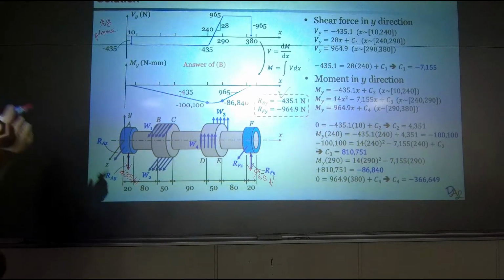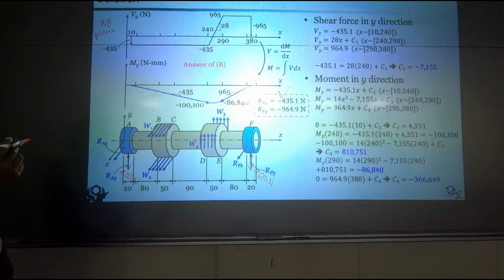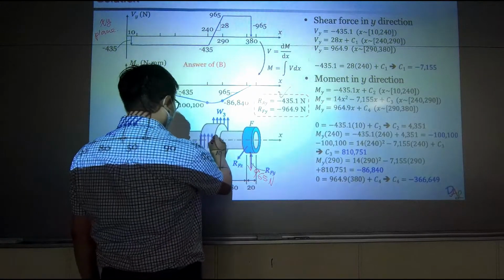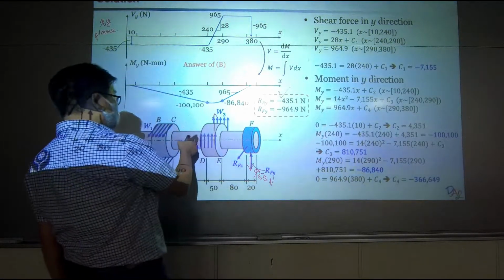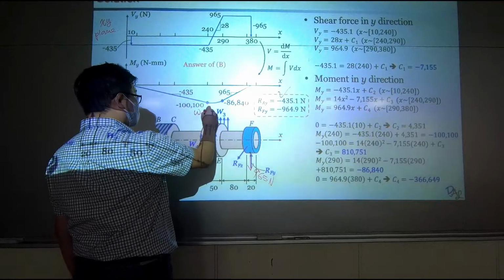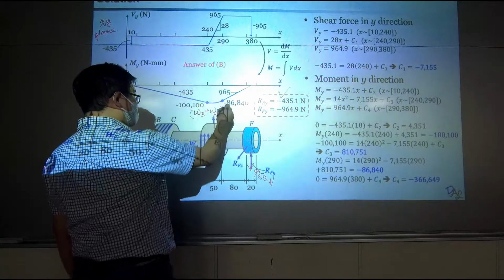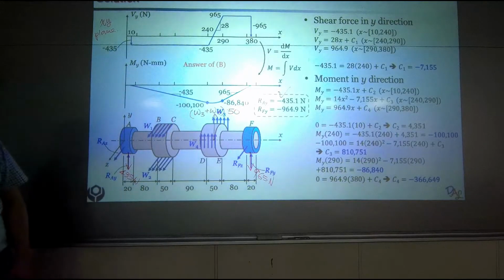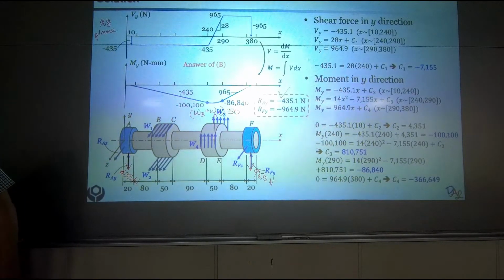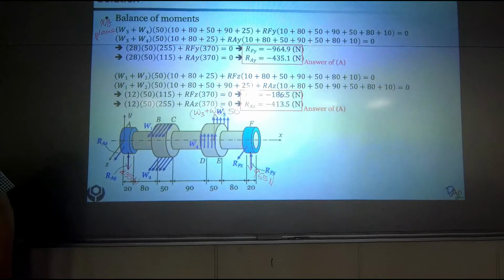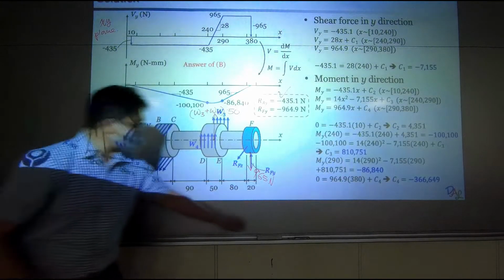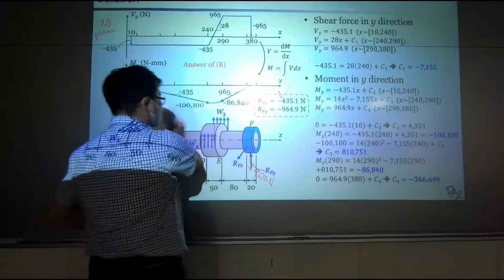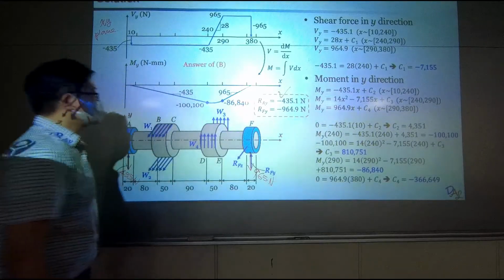Okay, so we have concentrated load here. So over here we have W3 plus W4 multiplying 50. Oh, we cannot do that, we don't concentrate them at this point, sorry.